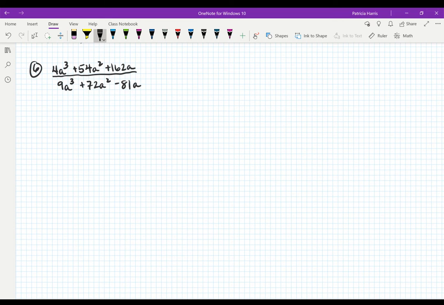Okay, so let's see here. Well, I see a lot of a's, so I probably should factor out an a on the top and on the bottom. And let's see here. So take out an a on the top. I can also take out a 2. All of those numbers are even. So 2a squared plus 27a plus 81.